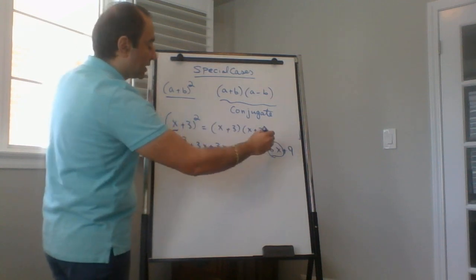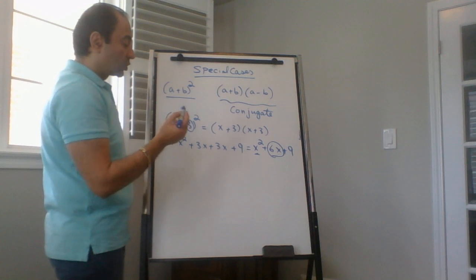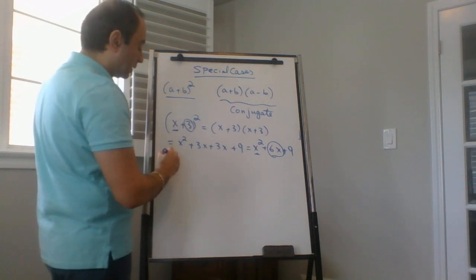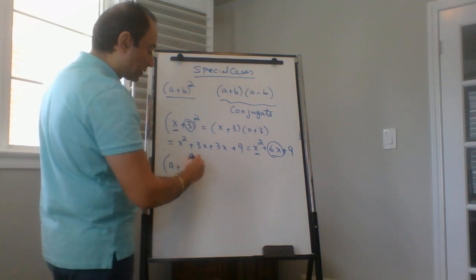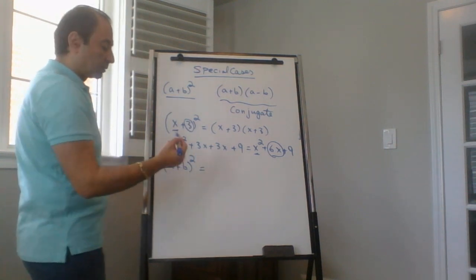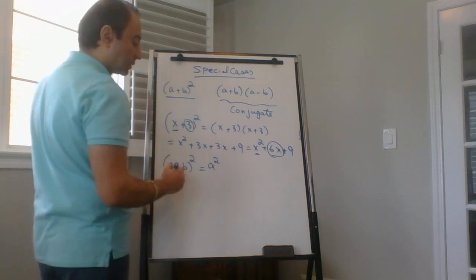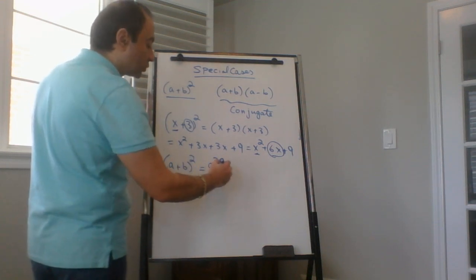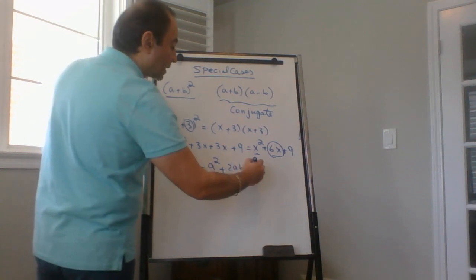And this is the second term. a plus b squared, I can do that as square the first, times second times 2, so plus 2ab, square the second, so plus b squared.